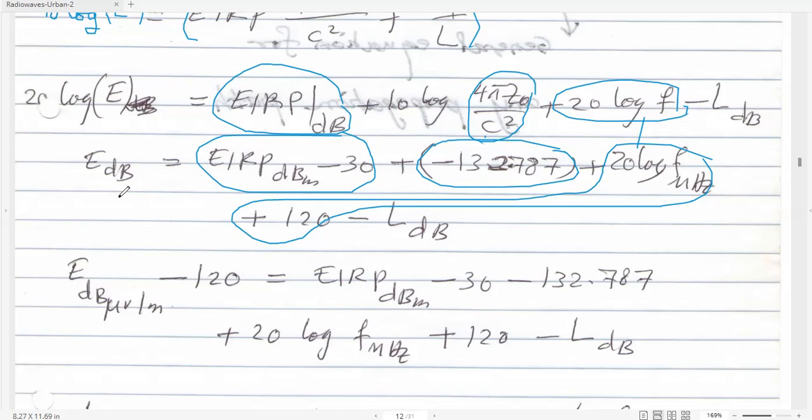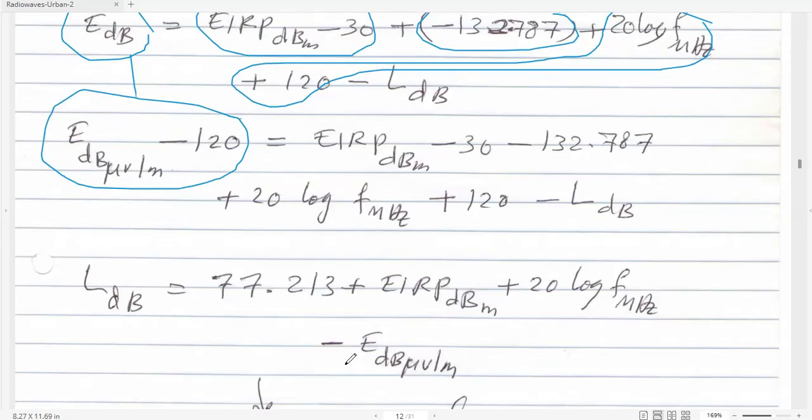Now if we put E in dB micro, we have to subtract 120, because E dB micro is equal to 120 plus E dB. So E dB equals E dB micro minus 120. So this is here: EIRP minus 30 and minus 132.787 and plus 20 log f in megahertz and plus 120 minus L in dB.